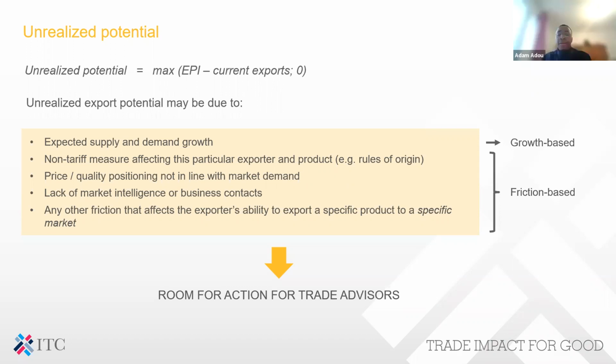This is still theoretical, but it gives you a good hint of how much your country can improve itself in terms of exporting a specific product or products belonging to a specific sector or subsector. So this is what we call the room for action. If you have to keep one thing in mind, unrealized potential is room for action.